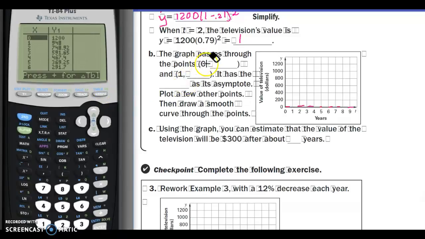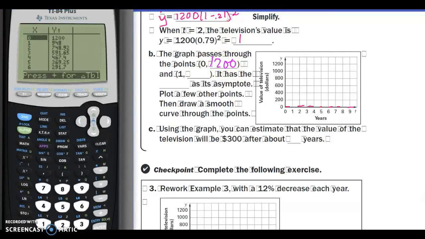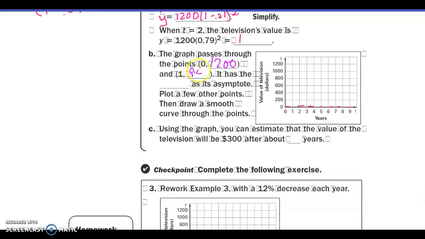So we would have 0, 1200 would be the first point. 1, 948 would be the next point.